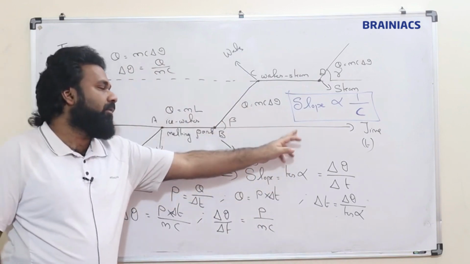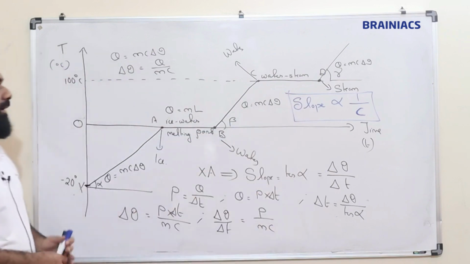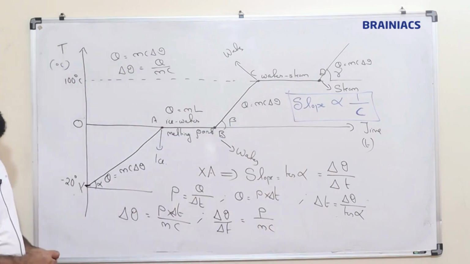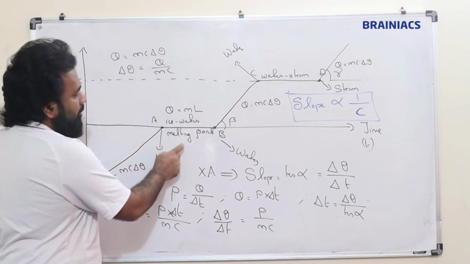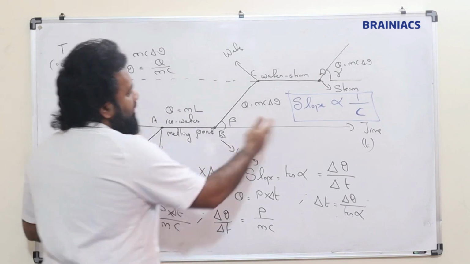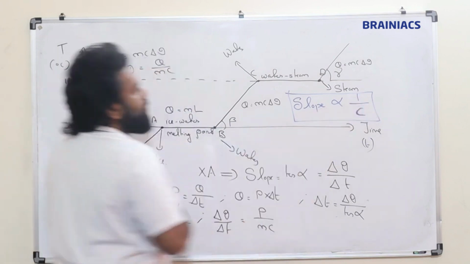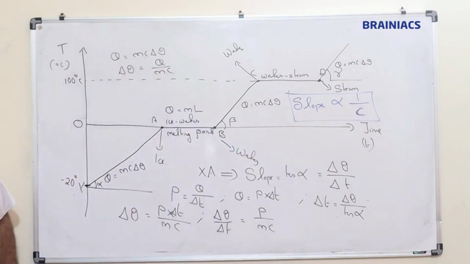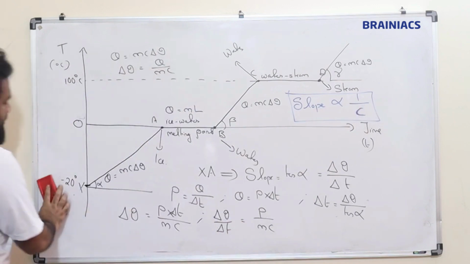Whatever graph we plot, we will get it like this. Clear? And here slope is 0. So specific heat is inversely proportional to slope. Clear? Shall I erase this?